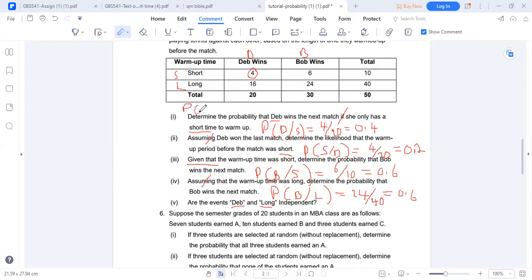So the probability of Deb times the probability of Long must be equal to the intersection, Deb intersection Long. That is the rule. All right, so what's the probability of Deb? 20 over 50, which is 0.4.